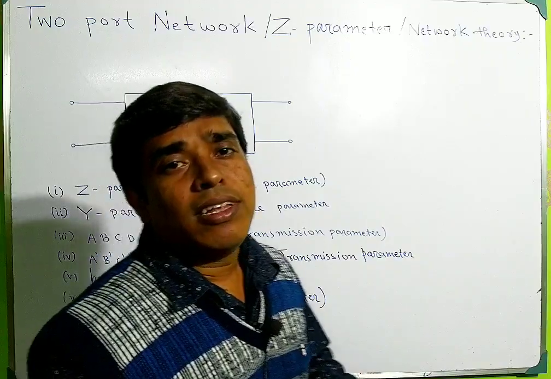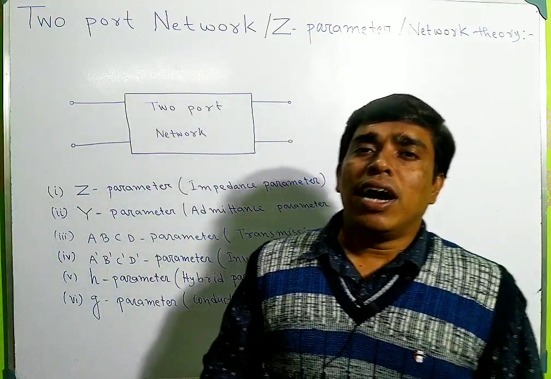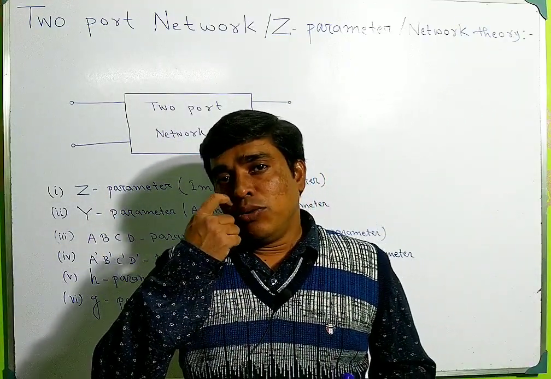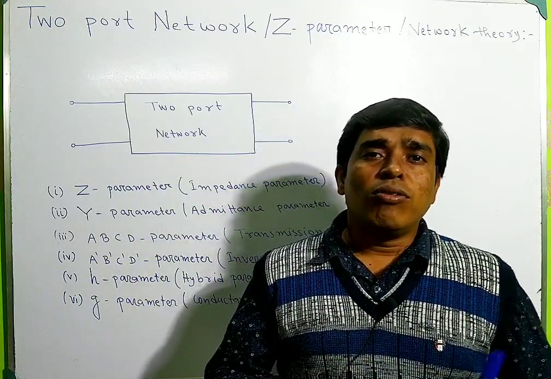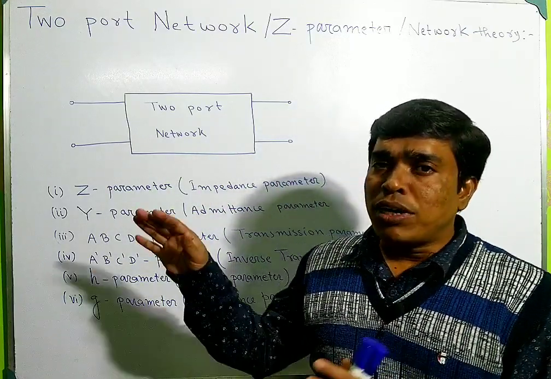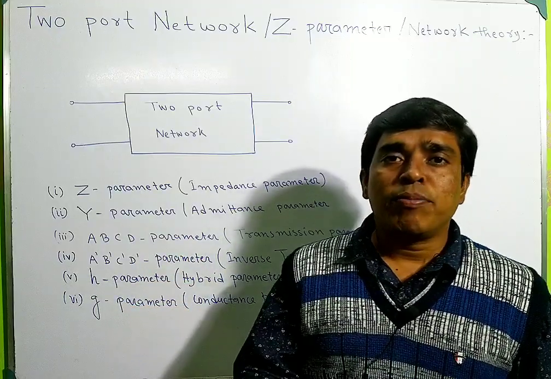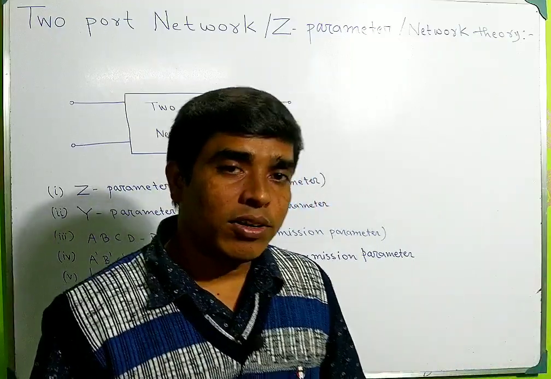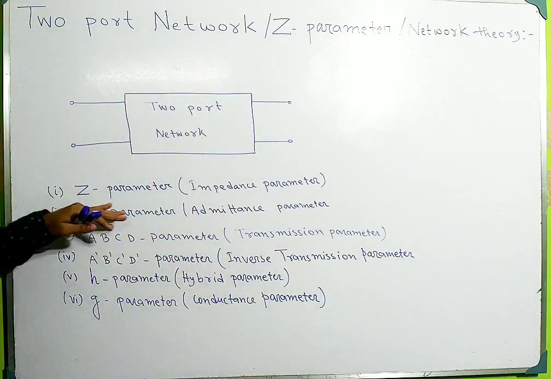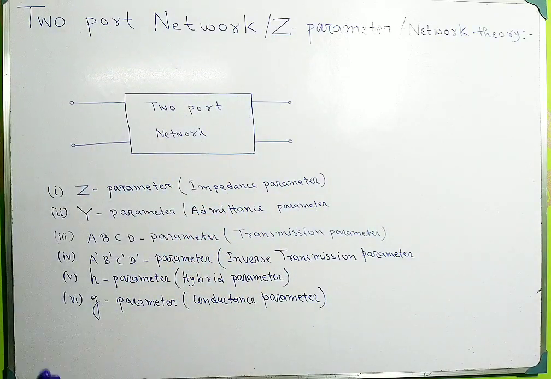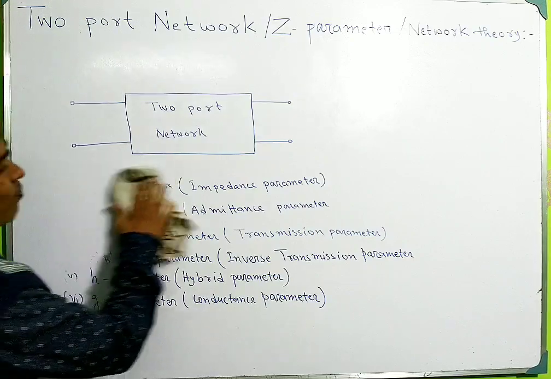So all these parameters are essential to study network theory. Now we will discuss one by one in the upcoming lecture series. So now we will discuss what is the Z parameter of two-port network.